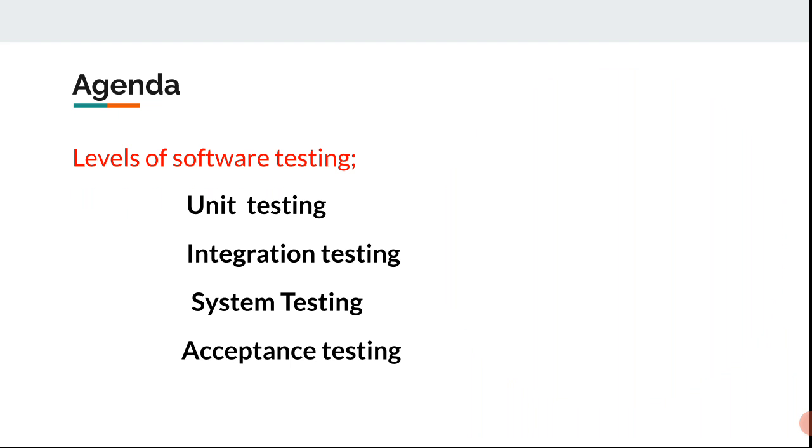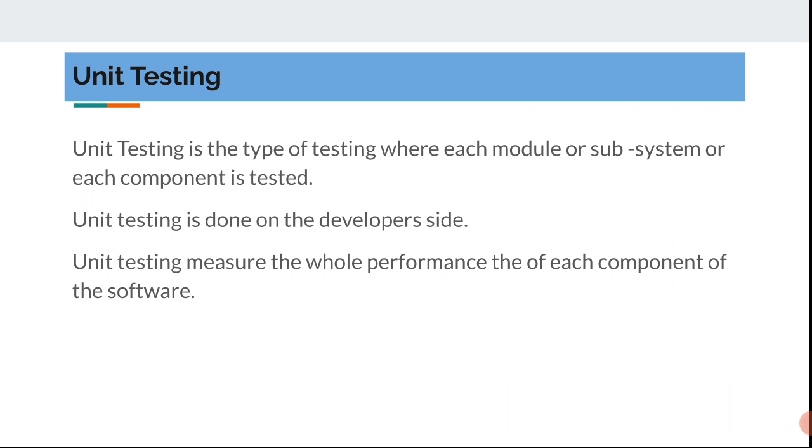So when we want a successful launch, successful product development, or to deliver to the customer, these levels of testing are performed, starting from unit testing and ending with acceptance testing. So let's explore what unit testing is.